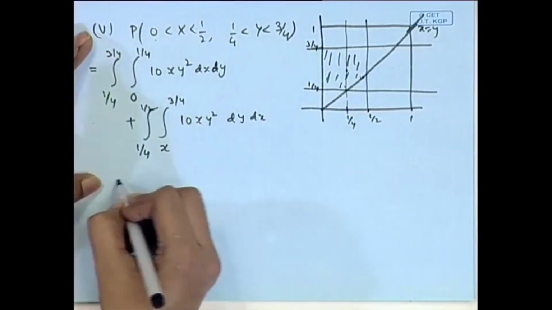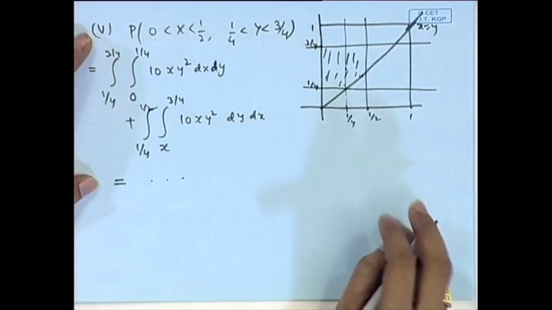So, this integral can be evaluated. This way the questions regarding the joint probabilities of x, y, the marginal probabilities of x and y, or the conditional probabilities of x given some value of y or y given some value of x can be determined from the joint distributions.